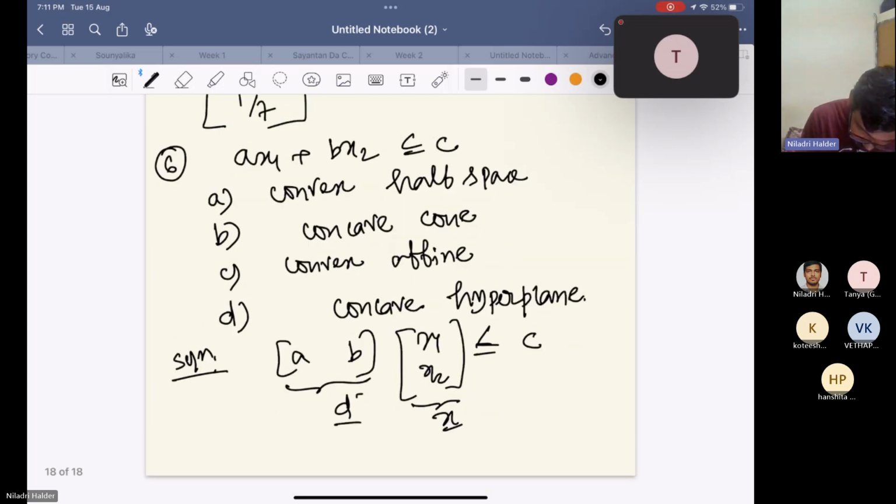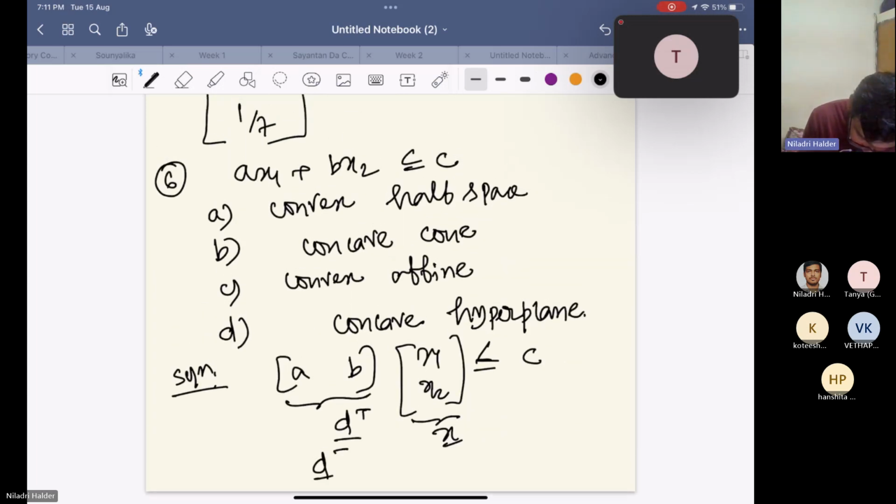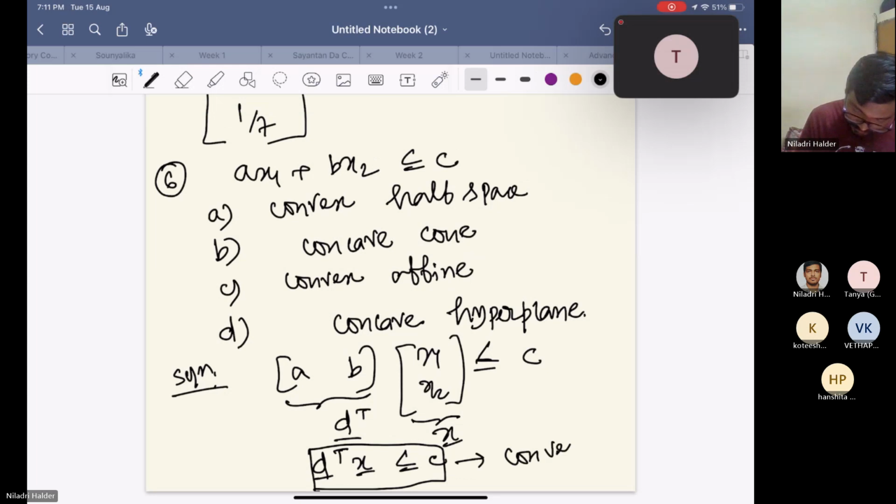So you can write d transpose x less than or equal to c. So this is the half space, you know. This is the convex half space.